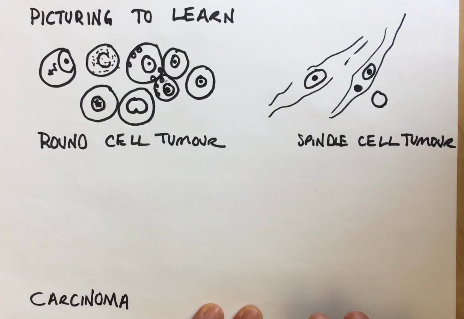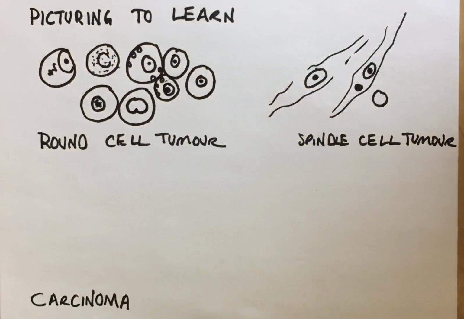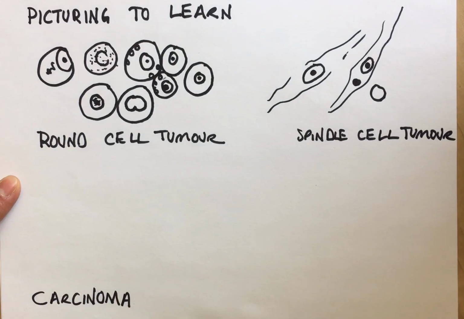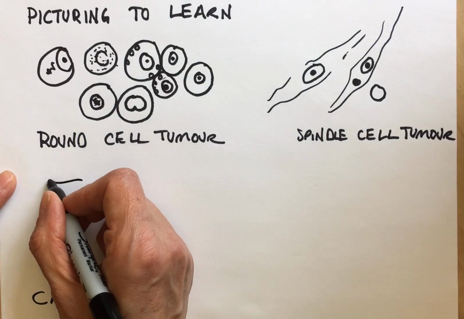And then for the carcinoma, because they are epithelial origin tumors, that means they have cytoplasmic borders. They have structures that make cells adhere one to the other, like desmosomes, hemidesmosomes, all of those cadherin things putting things together.